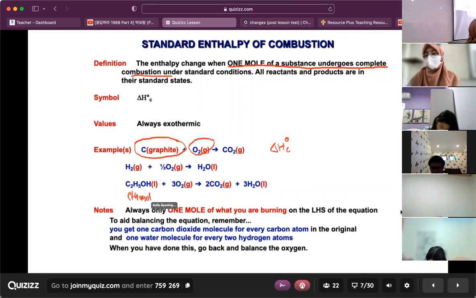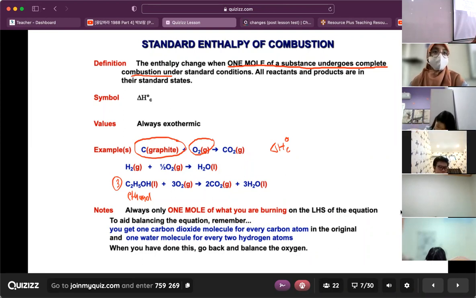Ethanol. One mole of a substance undergoes complete combustion under standard conditions, and all reactants and products are in their standard state. So here, in the third reaction, everything is in its standard state, right? And also, the reaction is complete combustion.